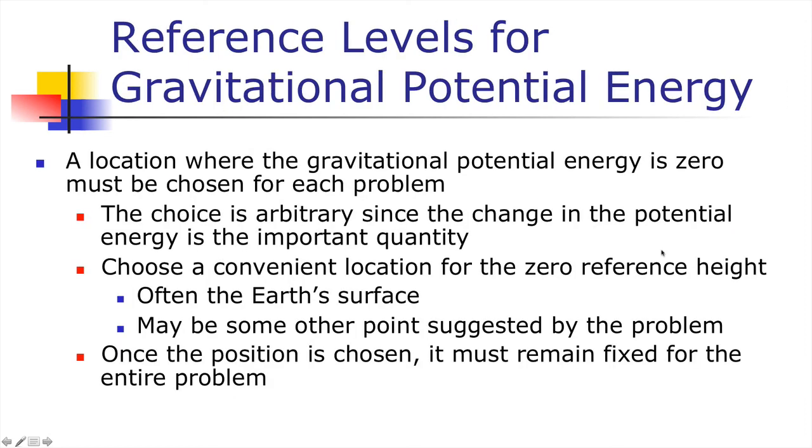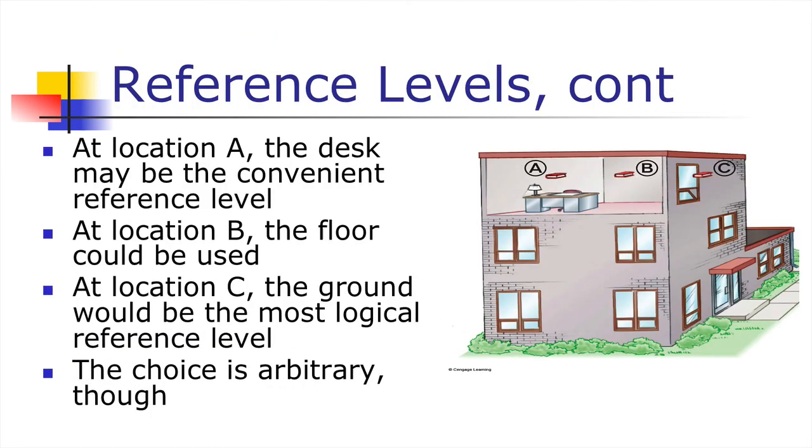Alright, so we'll continue with this discussion, potential energy as we said. For instance, this book has a potential energy relative to the desk. Probably this is 1 or 2 meters. From the floor it can be like 4 meters.